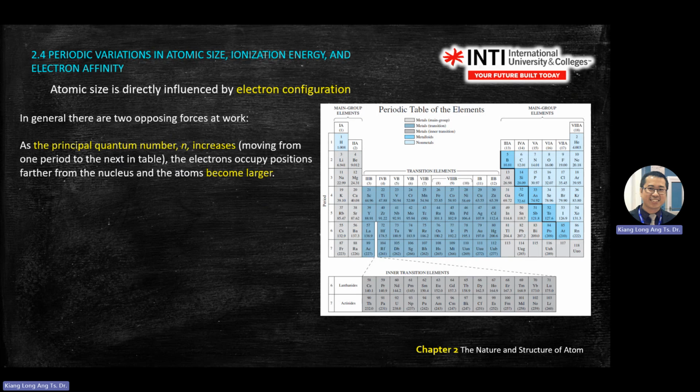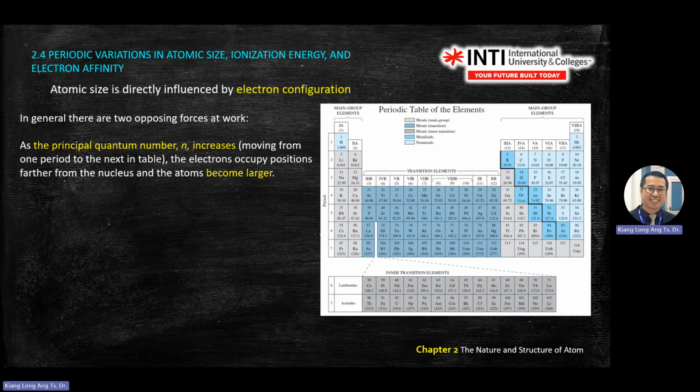This one is S. Lithium has 1 electron in 2s. Beryllium has 2 electrons in 2s. So the size will be a little bit bigger compared to lithium, 3 and 4. Then as you move to the right, it will become bigger and bigger. So the radius will be bigger and bigger. Okay, this is the size.